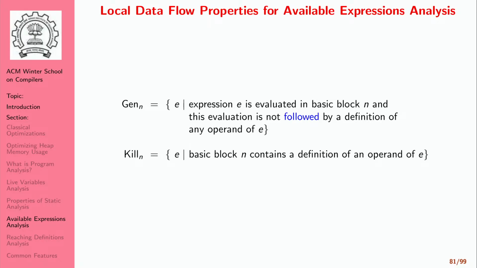So I have A star B, and within the basic block after this evaluation neither A nor B is modified, then the availability of the expression is generated, right? Similarly, killing of expressions: the availability of an expression is killed if any operand is modified. This is how we define gen and kill.